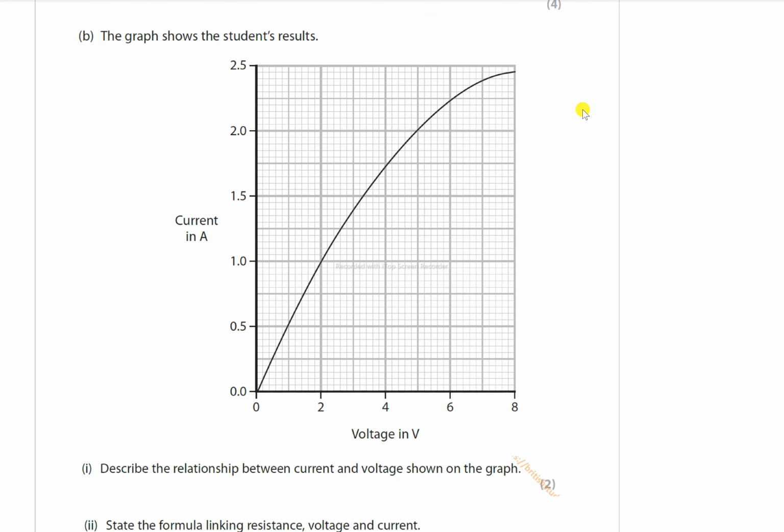Right, okay, graph shows the students' results. You've got voltage here, and you've got current here. Describe the relationship between the current and the voltage. Right, it's a 2 marker.